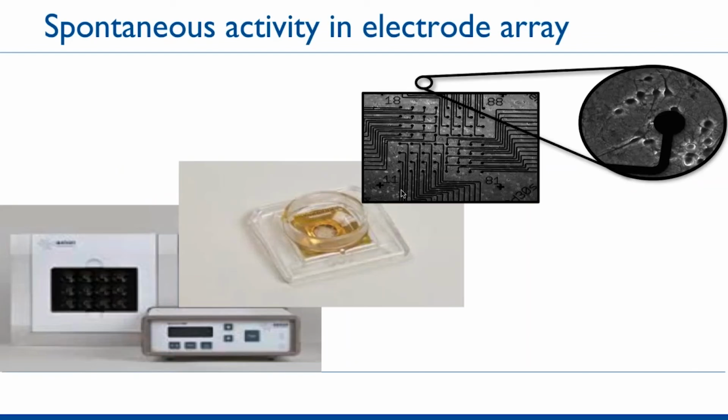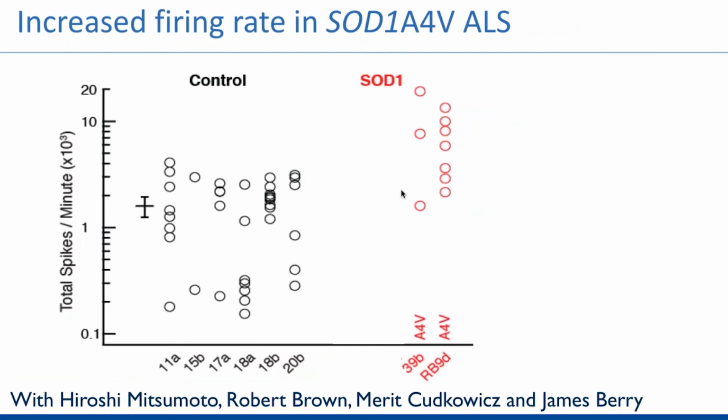And for this, we initially developed a more high-throughput proxy for the types of recordings that we'd been doing in SOD1 patients, in which we used microelectrode arrays and carried out studies looking at the spontaneous activity of those neurons to see if there was a correlate to what we'd seen by patch clamp electrophysiology.